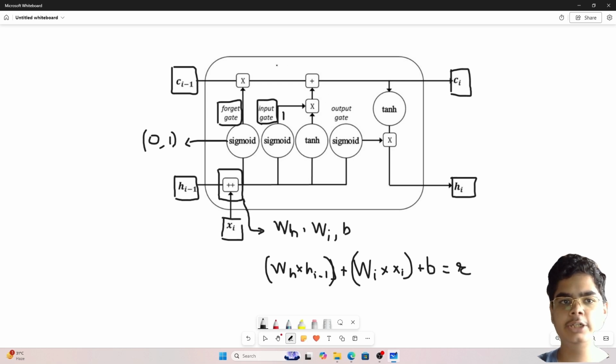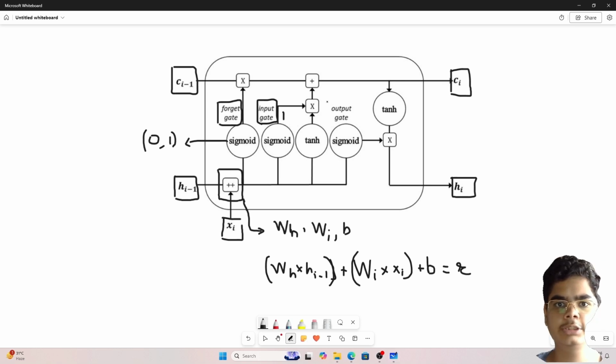And if we add it to the contents of the cell state, then obviously the contents of the cell state will no longer be same and they will change. So here the sigmoid function is permitting the information to be stored in the cell state. So that's how it decides whether the information should be stored in the cell state or not.